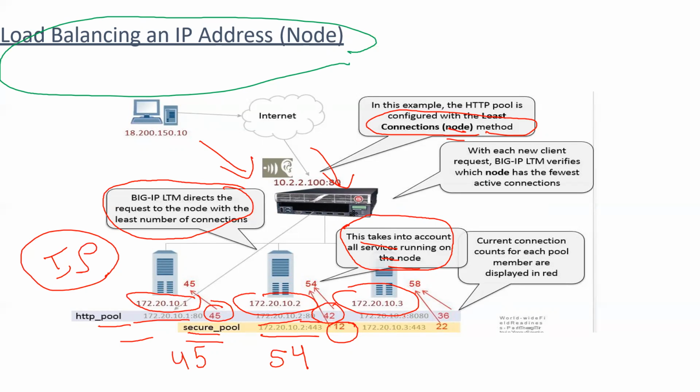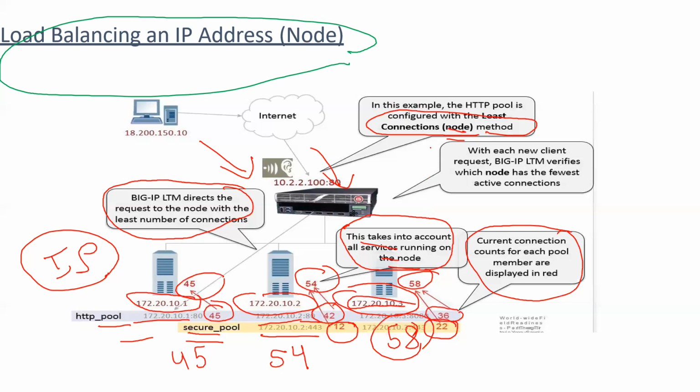Now 172.20.10.3: we have 36 on 8080 and 22 on 443. The current connection count for each is displayed in red. So we have 45, 54 total, and 58.